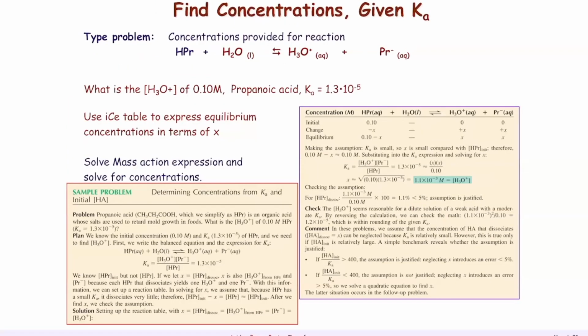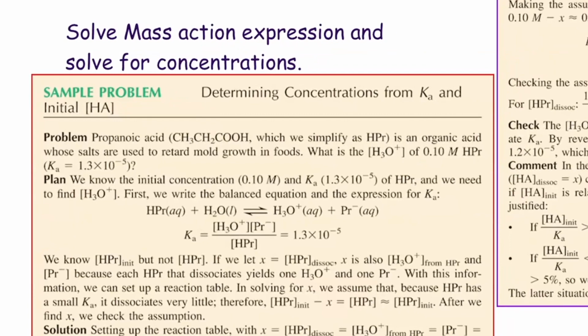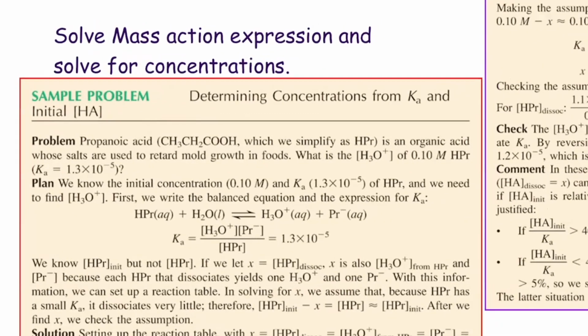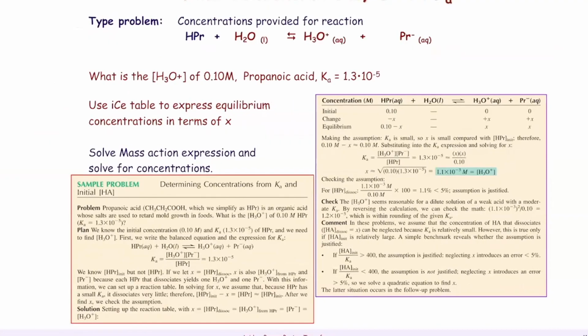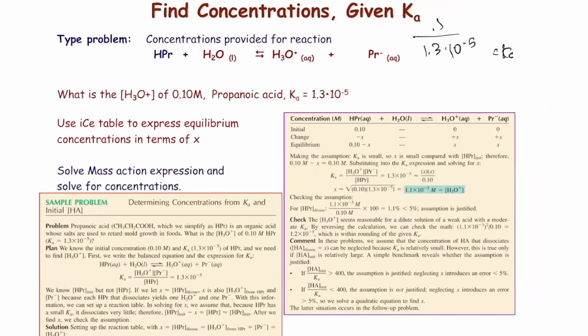This right here is propanoic acid. And in this particular problem, they give you a concentration of 0.10 molar propanoic acid. Let me see if our shortcut works. Okay, first of all, I know that the Ka for this particular acid is 1.3 times 10 to the minus 5. If I take 0.1 and divide that by 1.3 times 10 to the minus 5, that ratio happens to be 7,692, way bigger than 400.